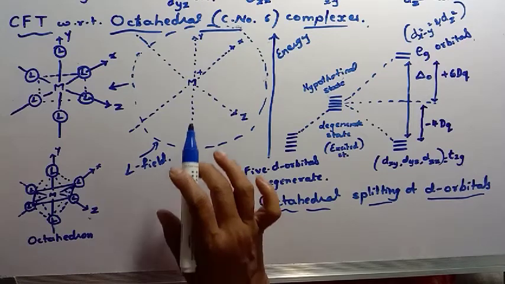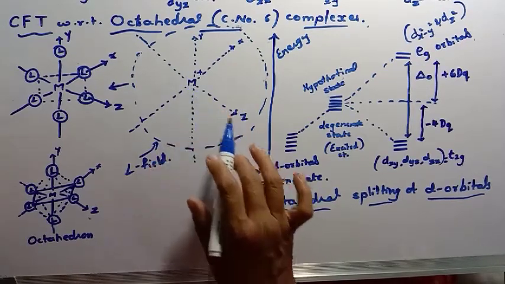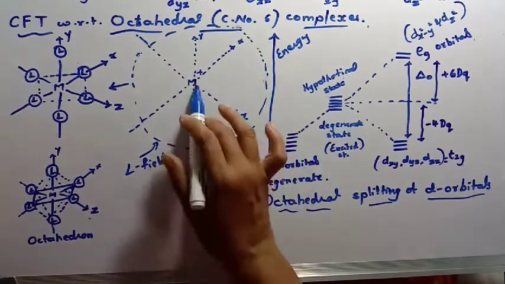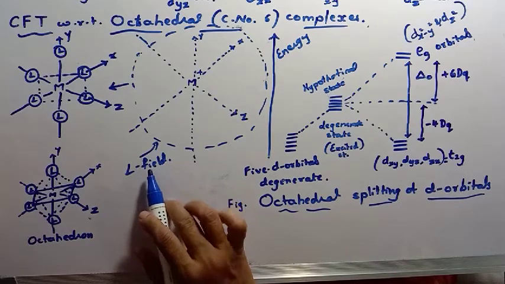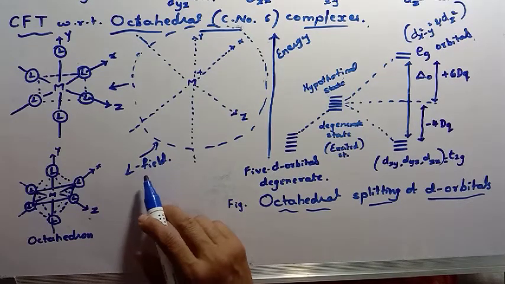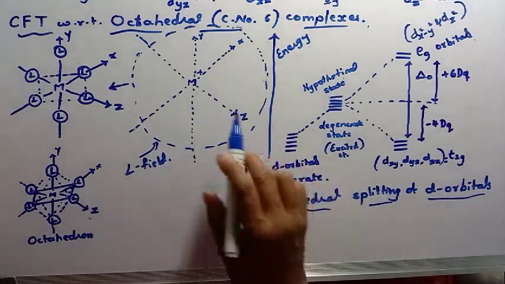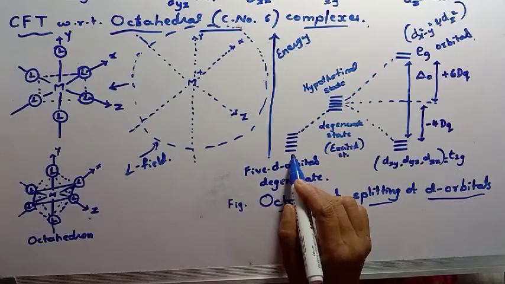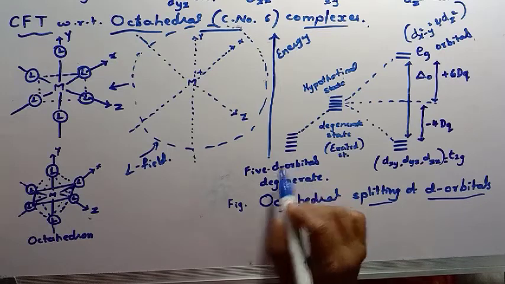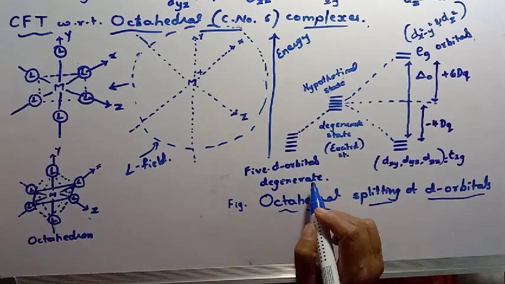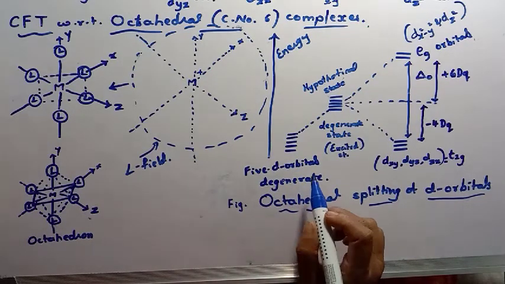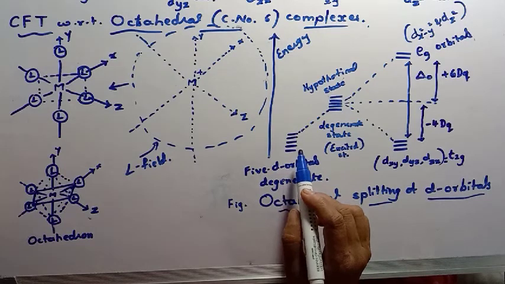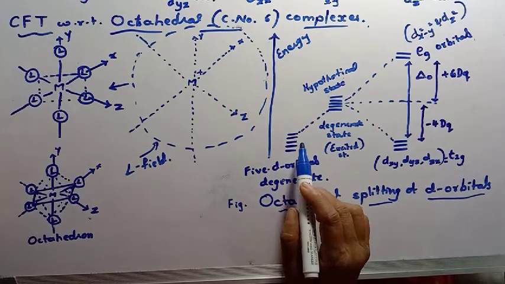In CFT, the interaction between metal and ligand is purely electrostatic. When the ligand is quite away from the metal ion, there is no interaction, so all the 5 d orbitals are at ground state and they are degenerate, that is, energetically alike, equal to one another.